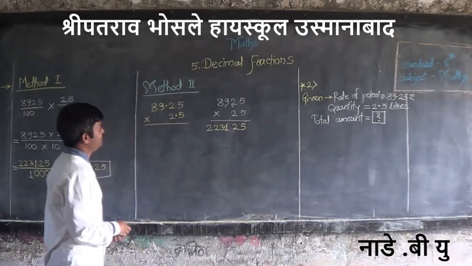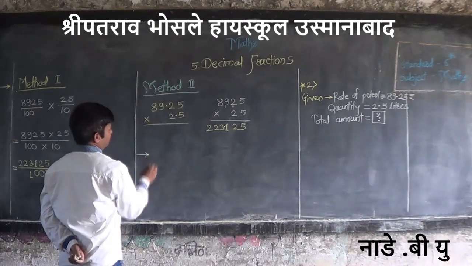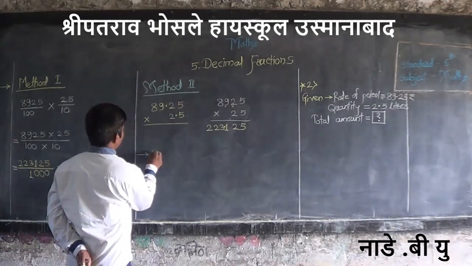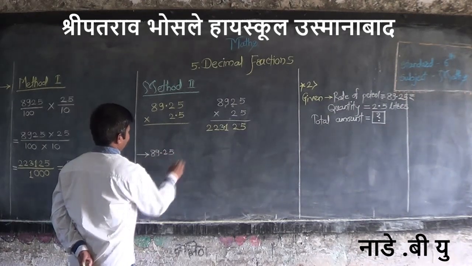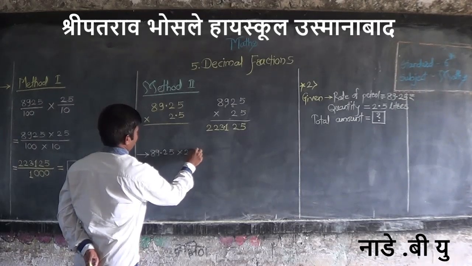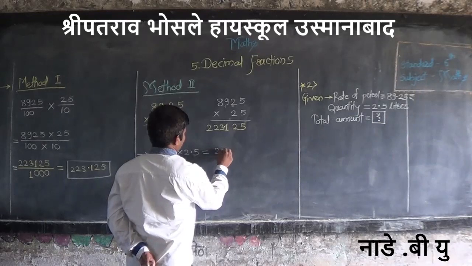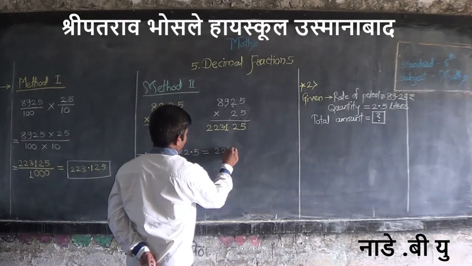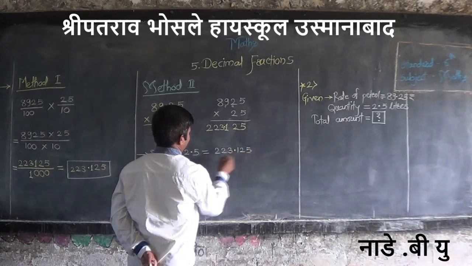Our answer of 89.25 into 2.5 is equal to 223.125.